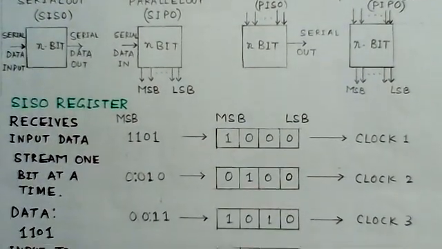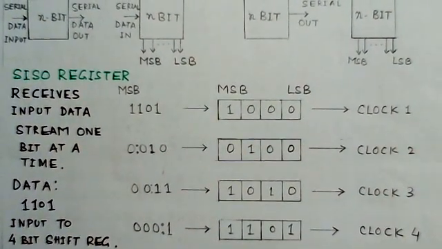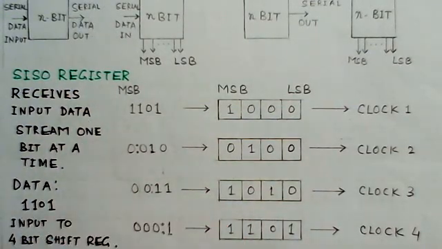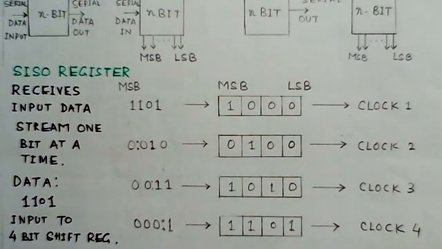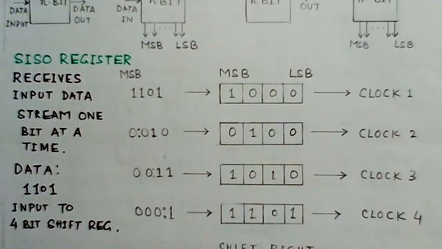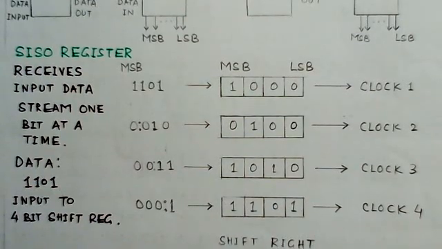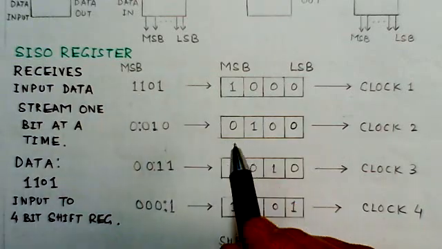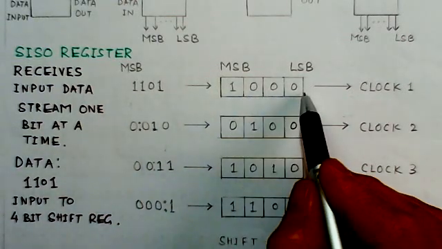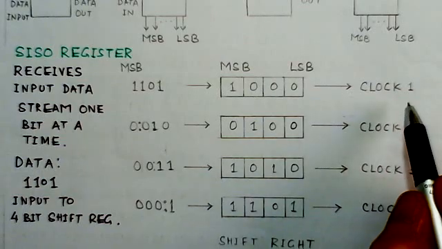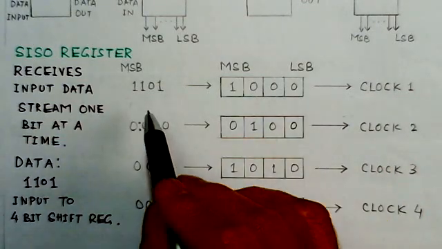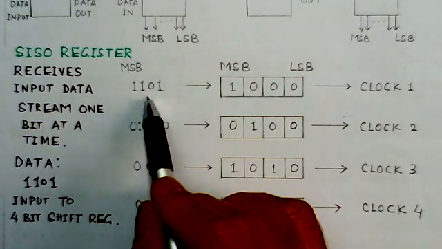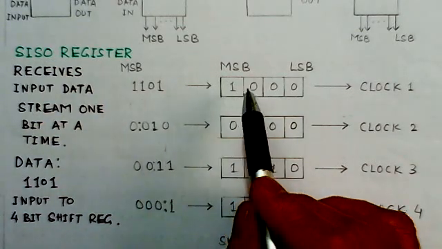Now we'll take a simple example of a SISO register, that means serial input, serial output register. I have taken an example of 4-bit data, and this is a 4-bit register, and whenever the first clock signal comes, the data is entered from this 1101 into the shift register.